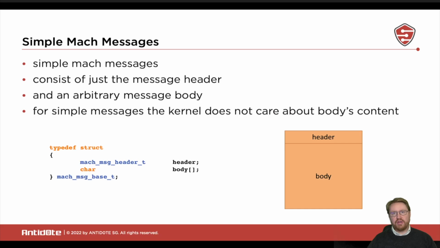There are also kernel subsystems that pass actual message data, but these are separate from the actual transferring code. So the transferring code for simple messages does not care what is in the body at all. It only uses a little bit of the header to understand the content of the message and where to deliver it to.